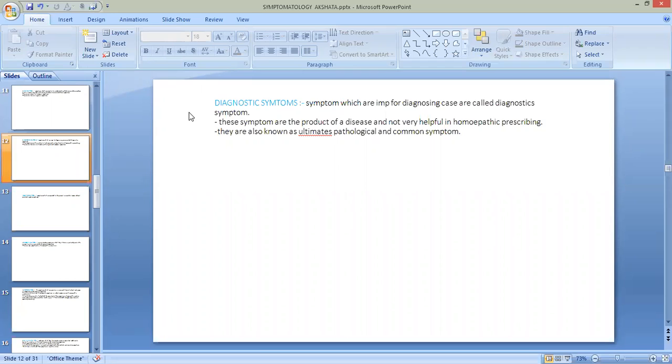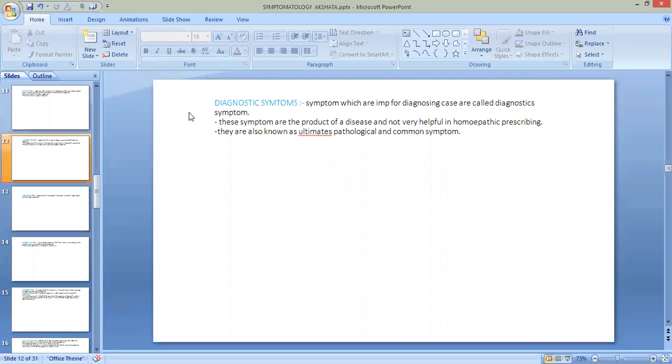So these diagnostic symptoms, the symptoms we get which are useful for the diagnosis of the disease, are the product of disease and not very helpful in homeopathic prescribing.